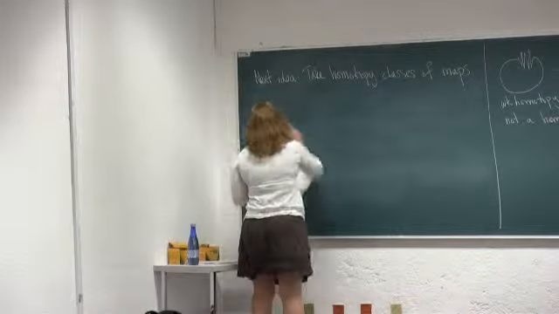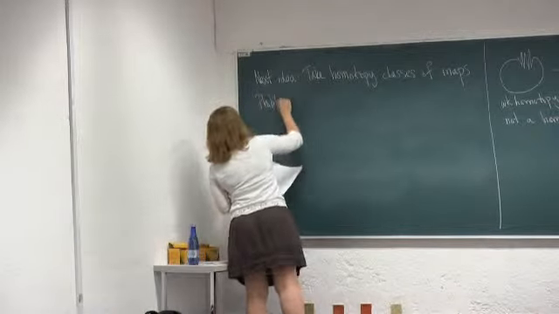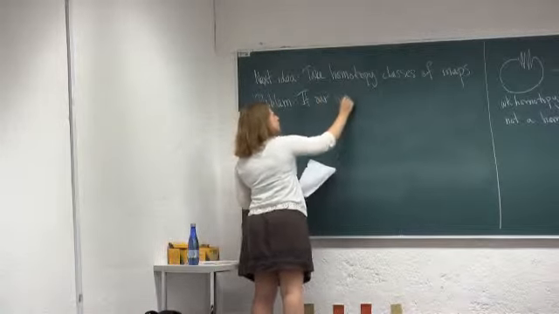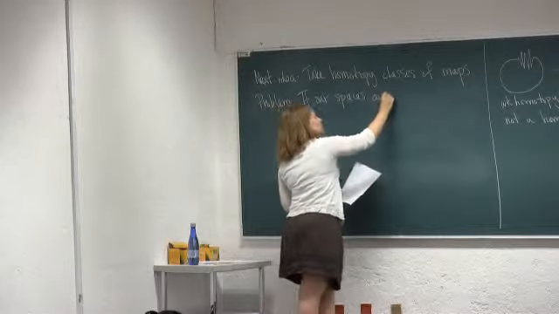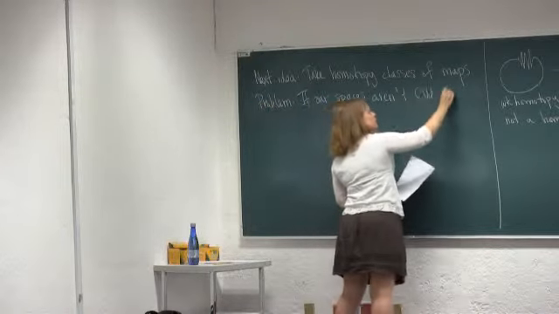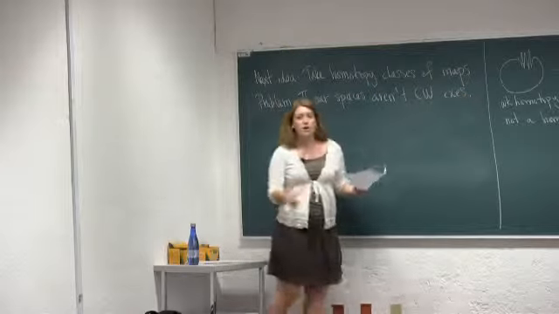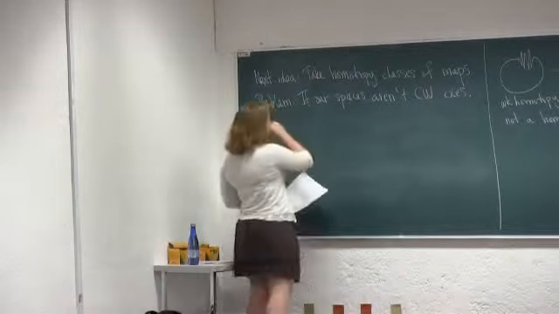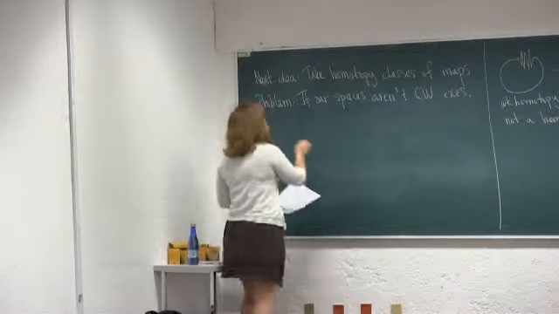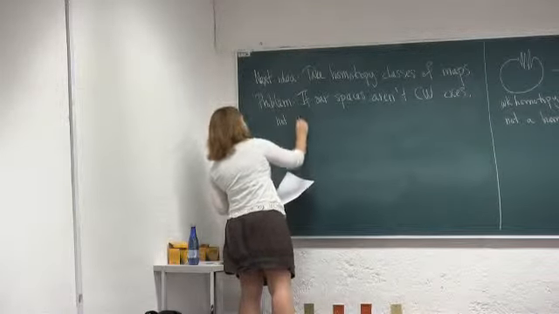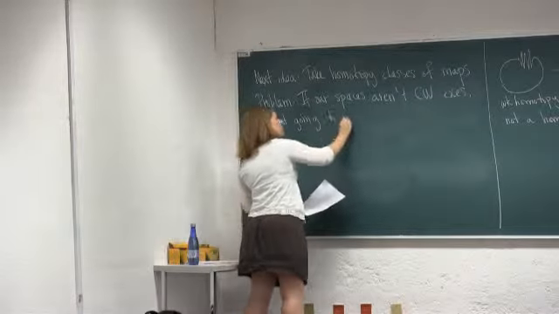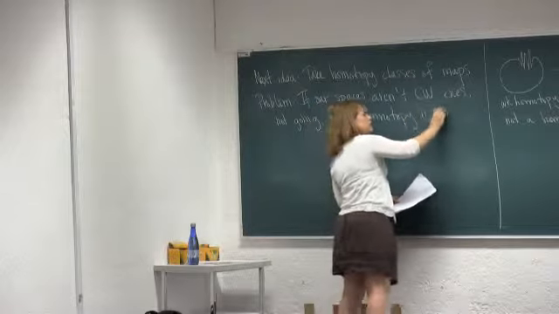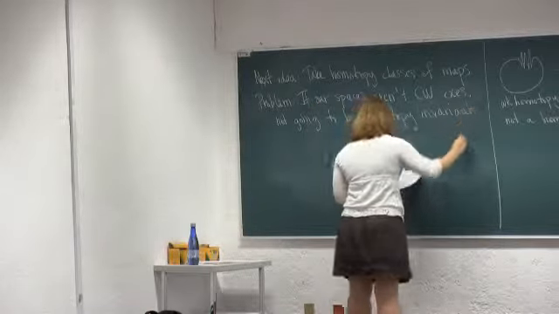So if our spaces are not CW complexes, then this homotopy category is not going to have properties that we want it to have, in that it's not going to be homotopy invariant. Well, what do I mean by that?